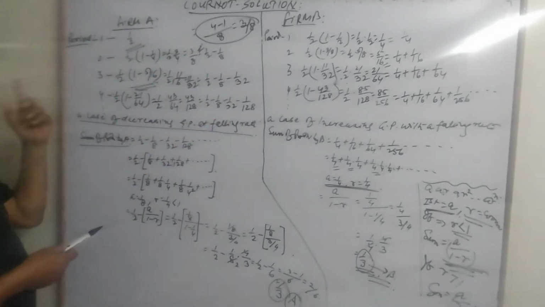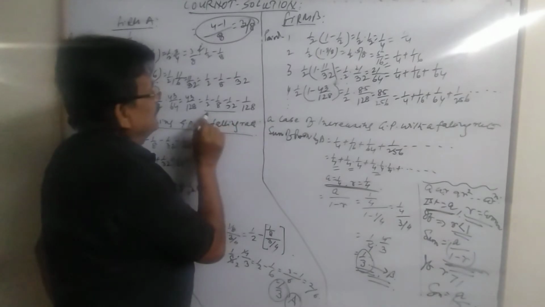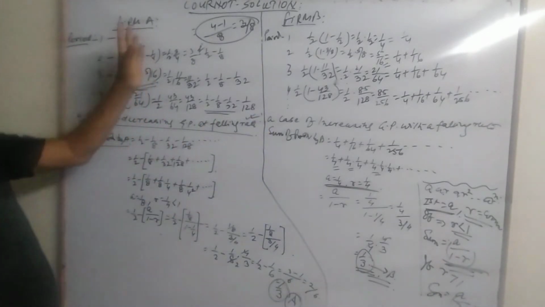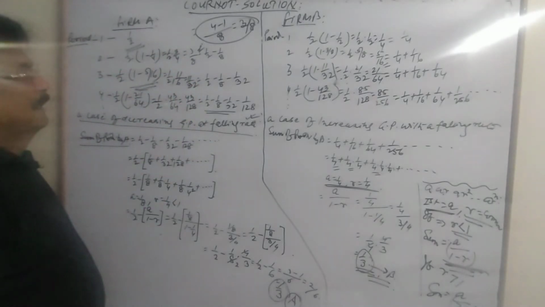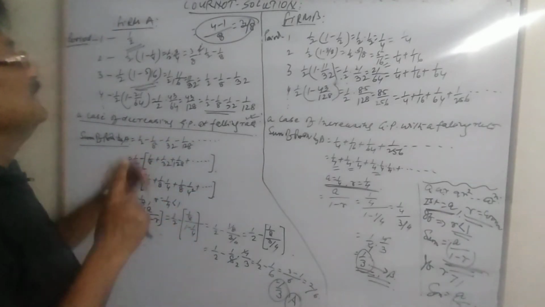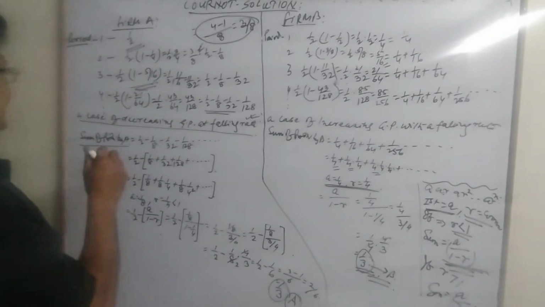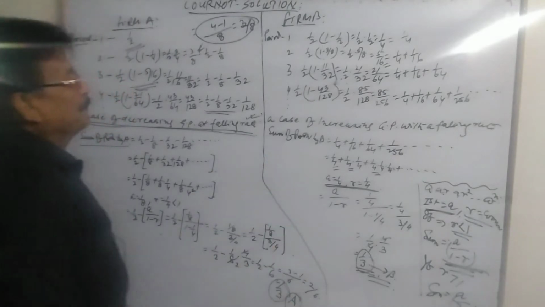Then in period 4, this is the total production of period 3, and this is the reduction. So there is a decreasing GP, and the rate of fall is diminishing. Firm A's production is diminishing, so it is a case of decreasing GP at a falling rate.